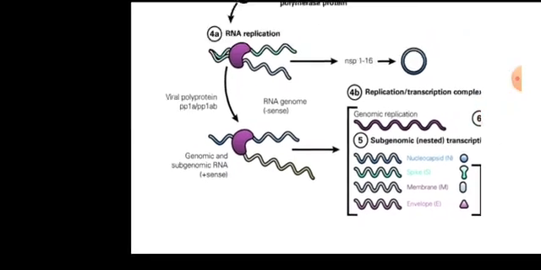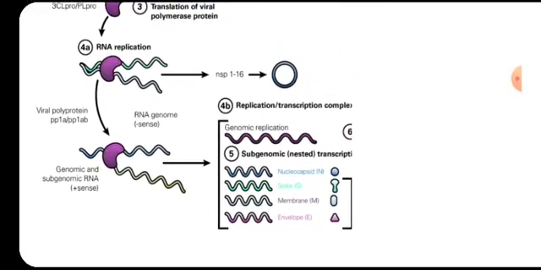And as a result, translation results in the synthesis of proteins. What are these proteins? These proteins are nothing but the components of that virion, for example nucleocapsids, spikes, membrane proteins, and envelope proteins. So in the fourth step, there is replication of RNA. In the fifth step, there is synthesis of viral components.